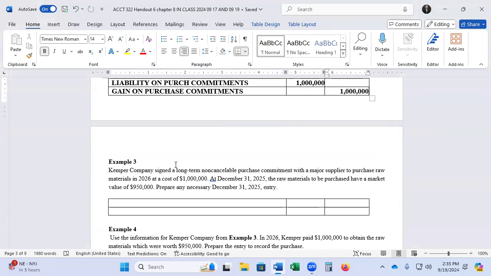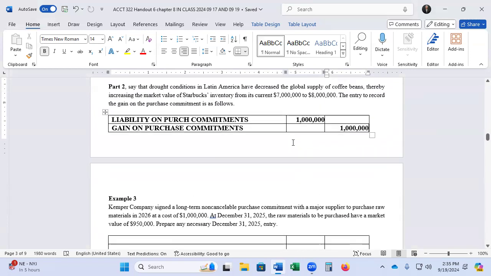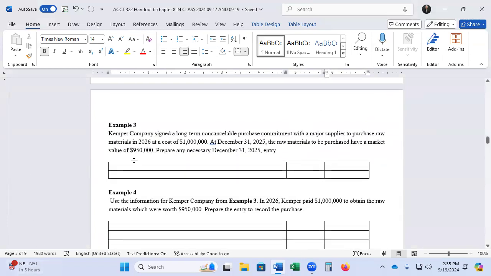Okay, just following along with that now, if you have no questions, we'll go to example 3. Kemper Company signed a long-term, non-cancelable purchase commitment with a major supplier to purchase raw materials at $1 million. The raw materials to be purchased have a market value of $950,000 at December 31st. And so you'd have a loss on purchase commitments of 50,000.